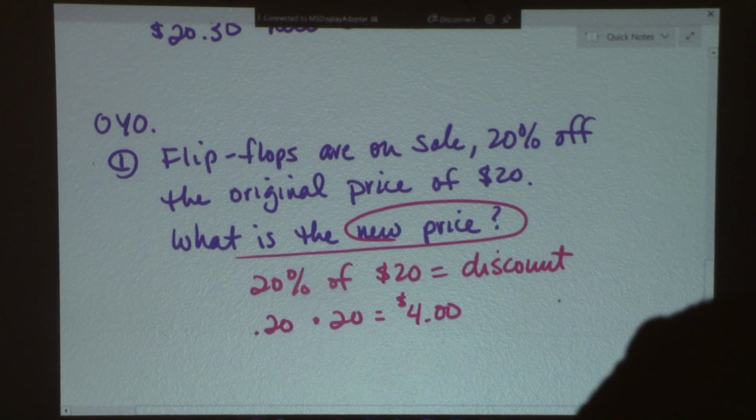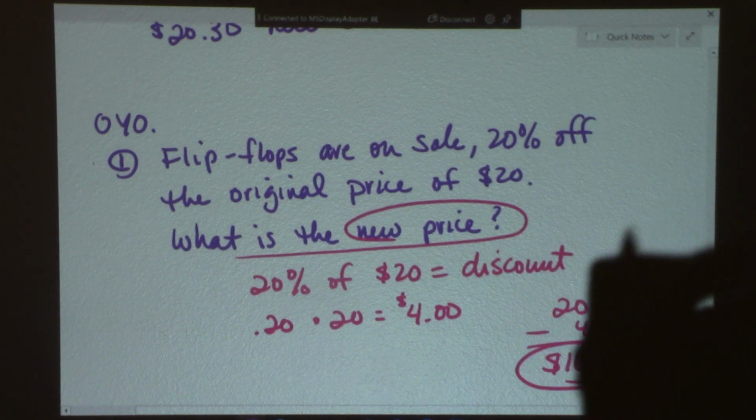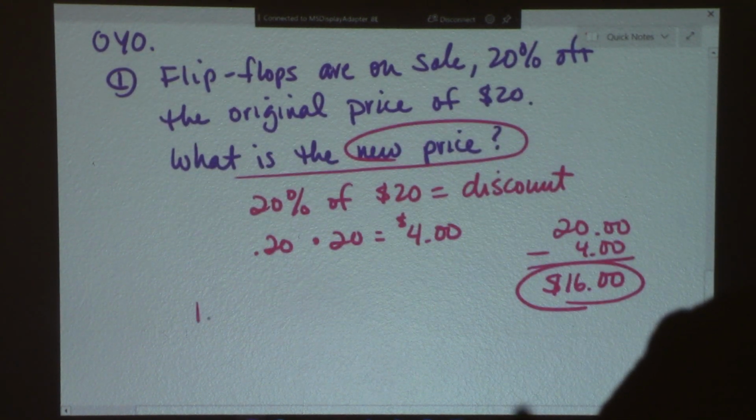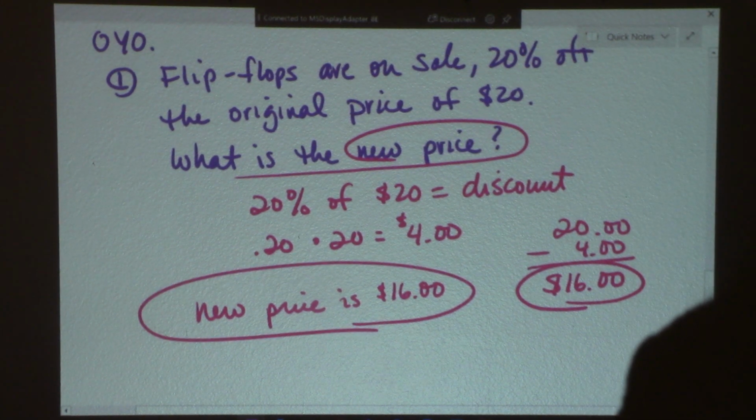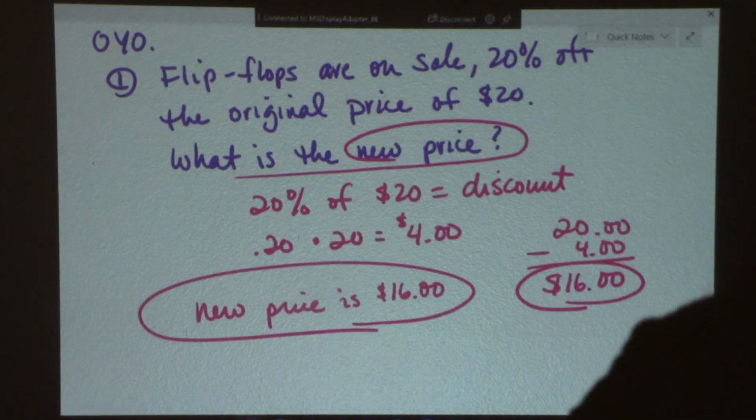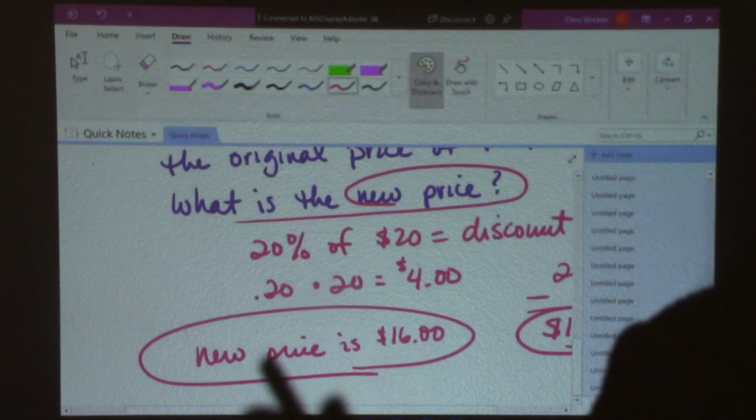So I take $20 and I subtract $4 and I figure out that the new price is $16. Now you can decide, do you want to pay $16? Is that a good enough sale for you? Okay. All right, let's go on.